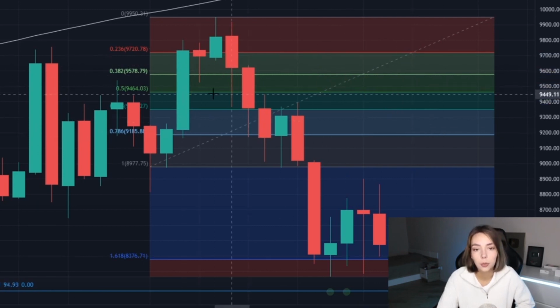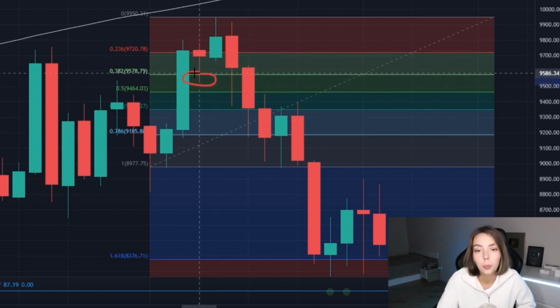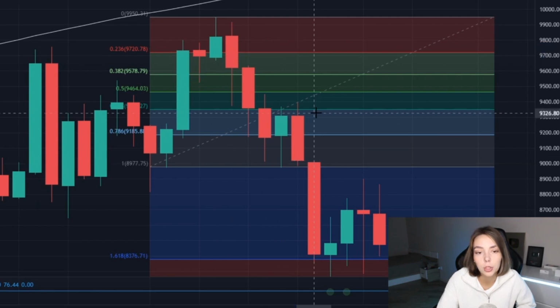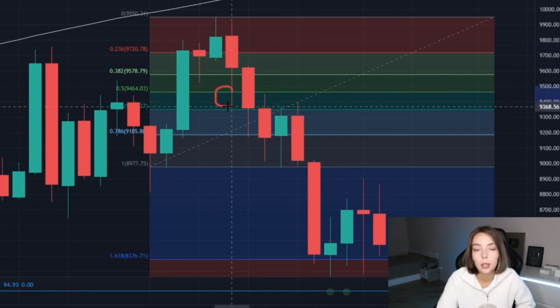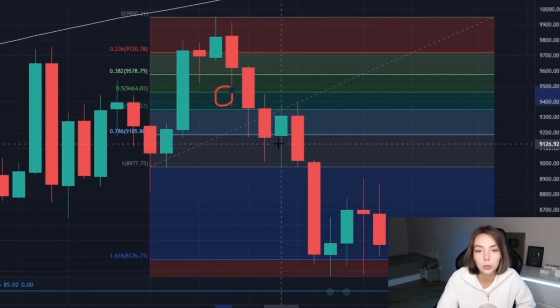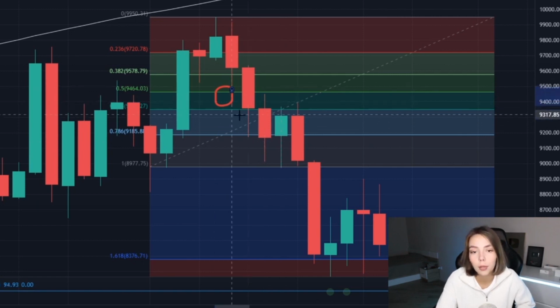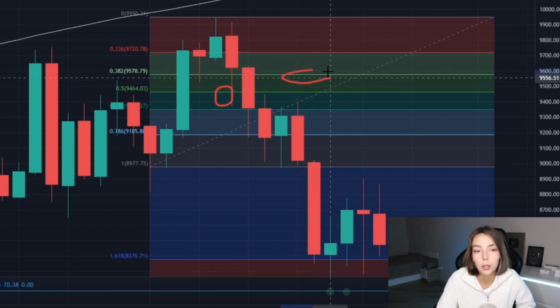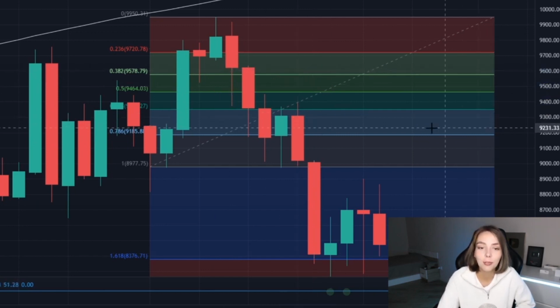That is, if you opened a trade at the 0.342 level, you need to close it at the 0.236 Fibonacci level. If you opened a trade at the 0.342 and 0.5 levels, you should close the trade at the 0.342 level, since it will be safer this way.